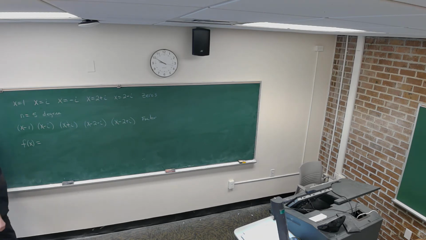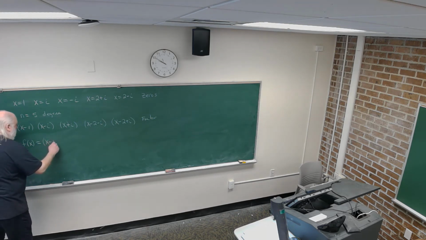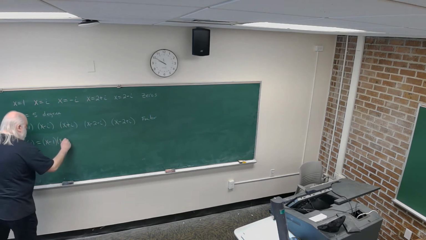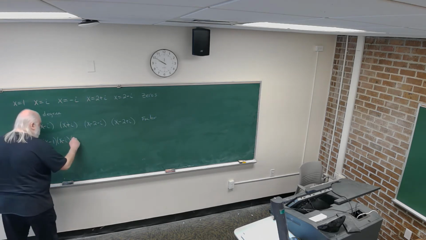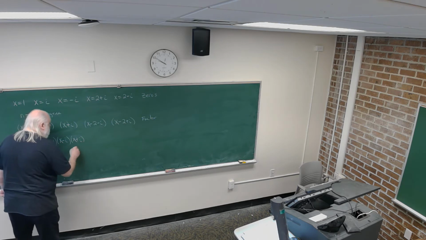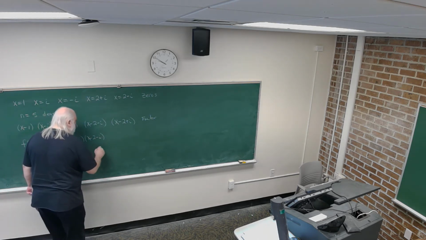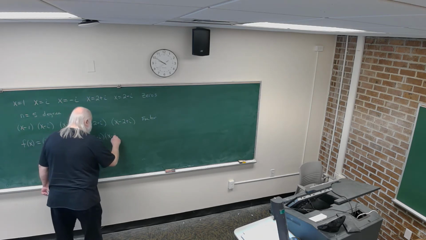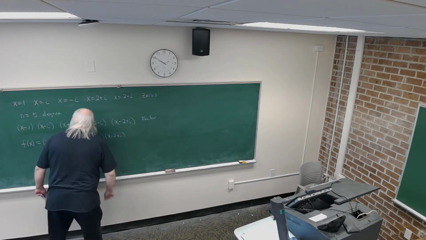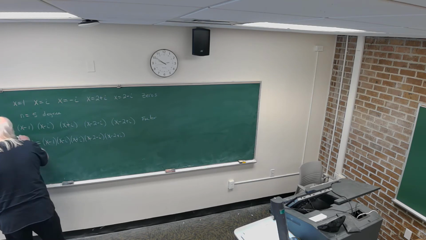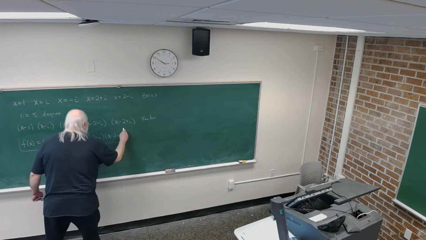It doesn't say anything about the leading coefficient. So we can just multiply the 5 factors to get a polynomial of degree 5. We have x minus 1 times x minus i times x plus i times x minus 2 minus i times x minus 2 plus i. So there's our factored polynomial.